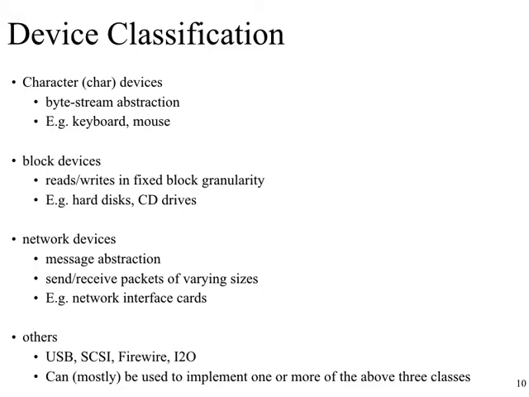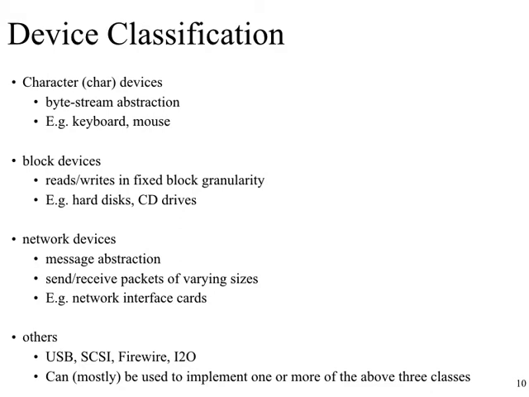Finally, there are network devices which offer the message abstraction, which is similar to the block abstraction, except that different messages can be of different sizes. So network cards, for example, are network devices where you can send and receive packets of various sizes.